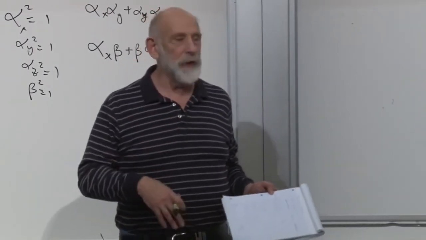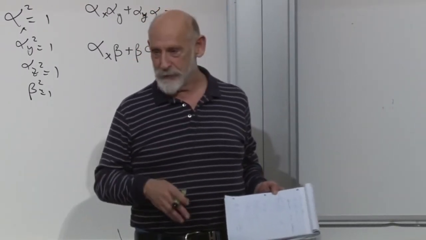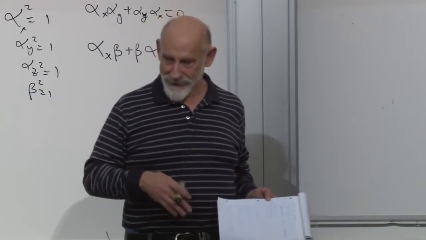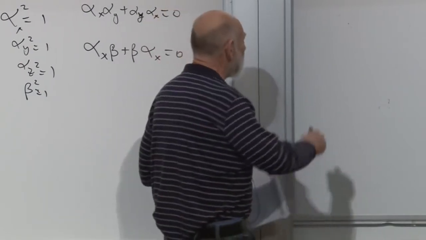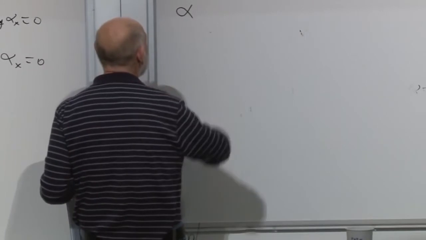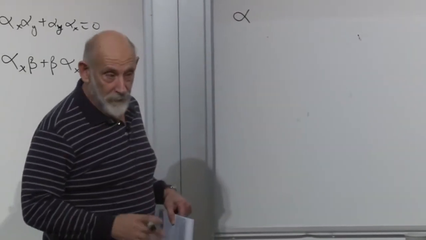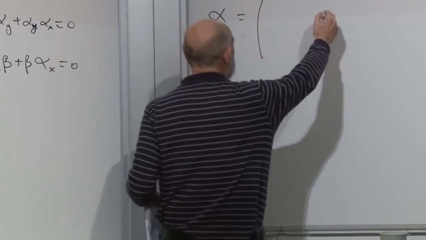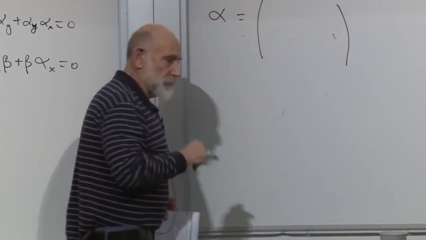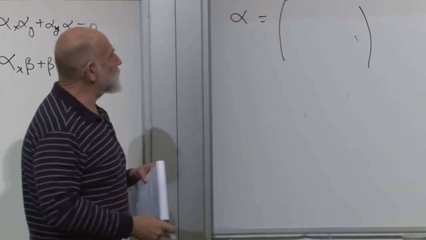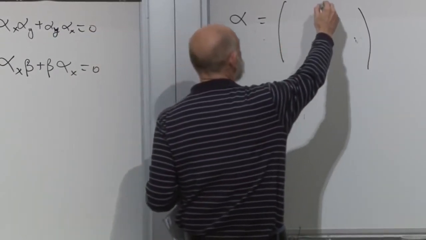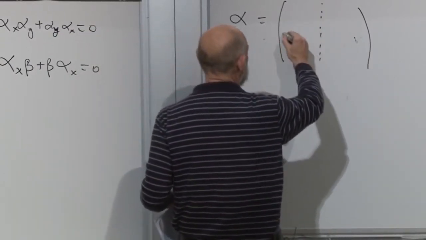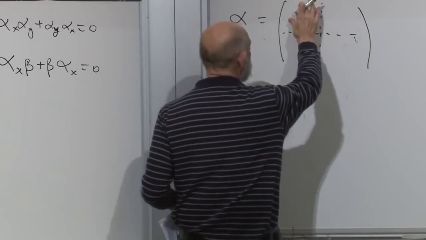This one is called the Pauli representation of the Dirac matrices. All right, here it is. Alpha, the 3 of them, alpha x, alpha y, and alpha z. I'll explain this notation in a minute. These are 4 by 4 matrices, but they consist of blocks, 2 by 2 blocks. In each block, there's a 2 by 2 matrix.